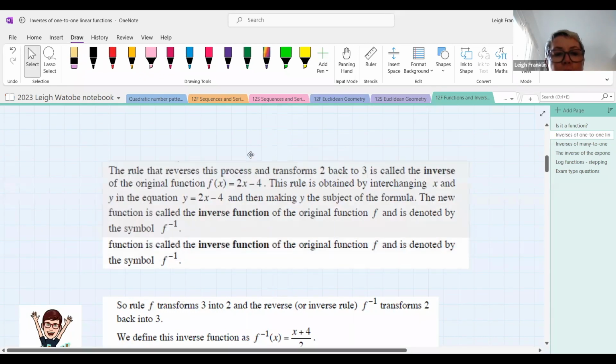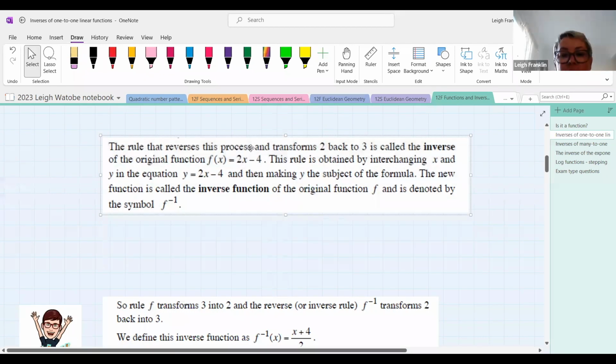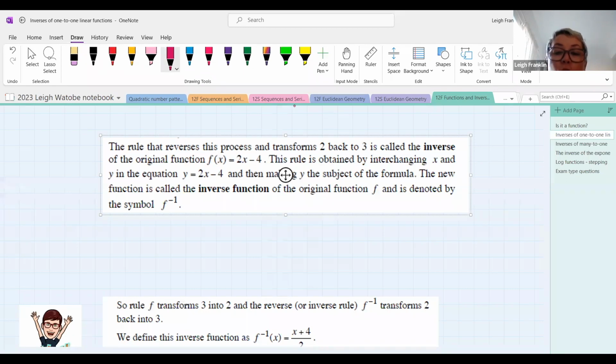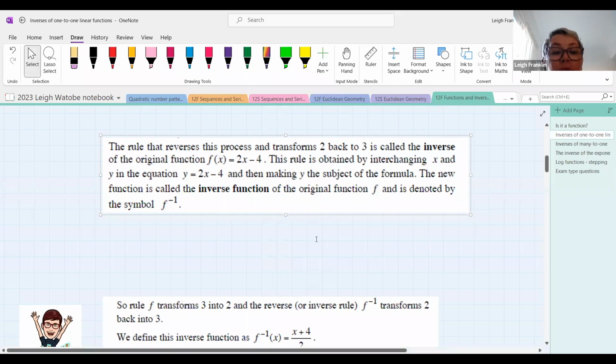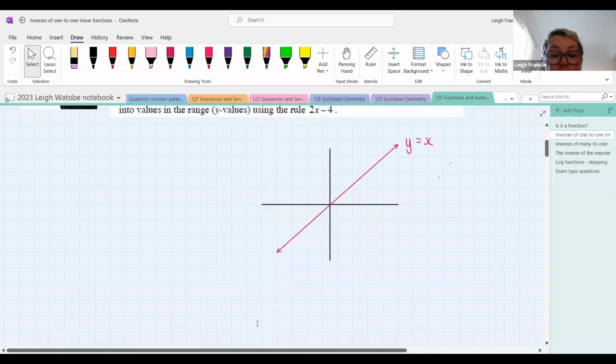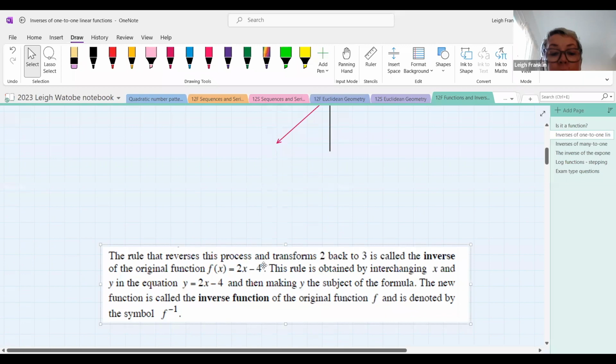The rule that reverses this process and transforms 3 back into 2 is called the inverse of the original function. So in other words, if we want to do an inverse, let's just move this back up here.